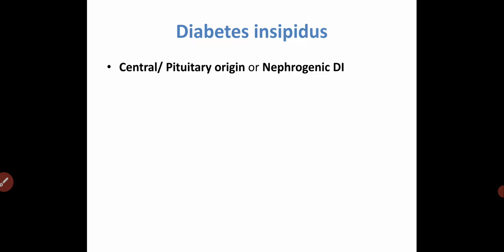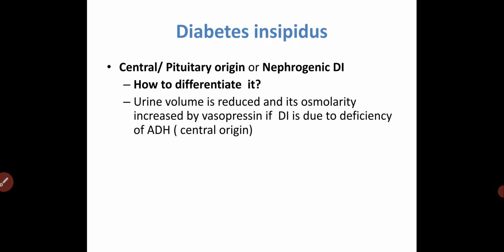If we talk about how to differentiate them, we already know that if we give the antidiuretic hormone and the urine volume is reduced and the osmolarity increases by this vasopressin, then it is due to antidiuretic hormone deficiency, so it's of central origin.